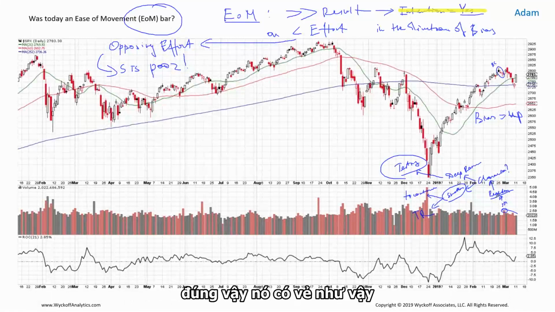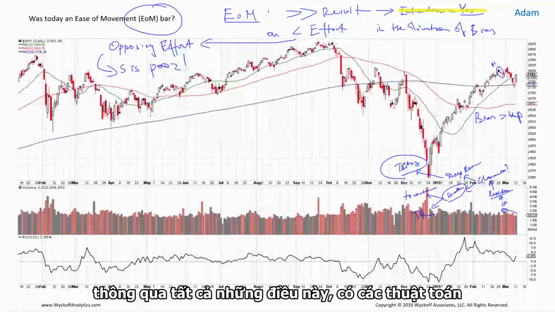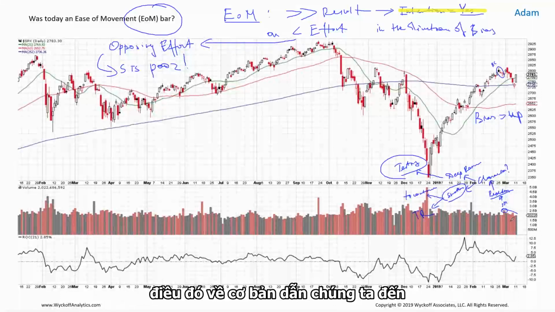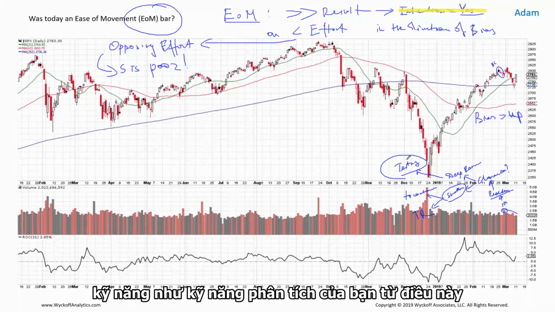Right, so it seems so discretionary, this whole thing, the method, the logic. But when you go through all of this, there are algorithms that are basically leading us to specific conclusions. And this is what I want you guys to get, as the skill, as your analytical skill from this course.